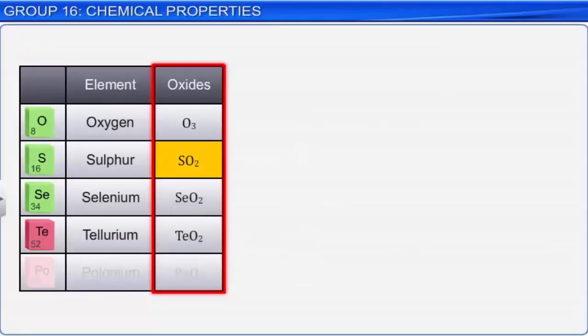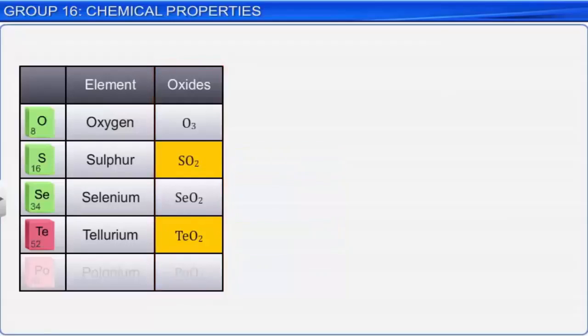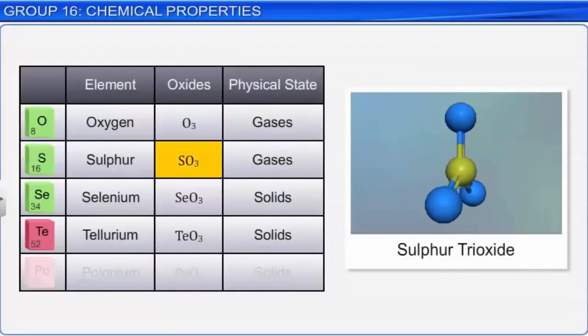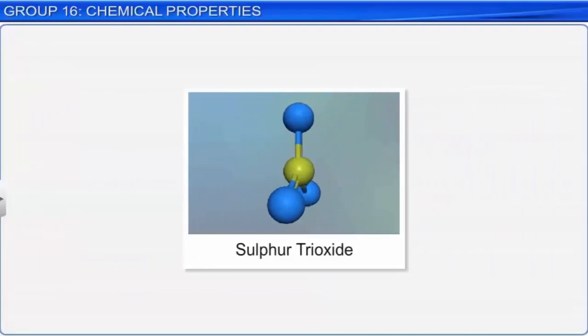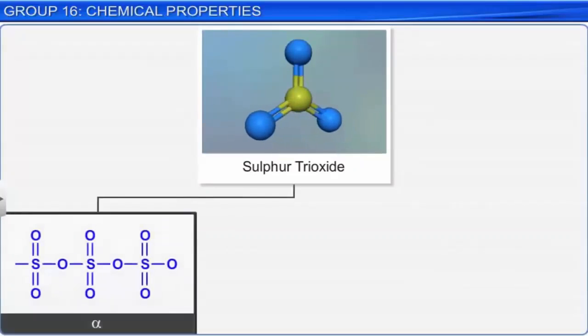Sulfur dioxide is a reducing agent, whereas tellurium dioxide is a good oxidizing agent. Sulfur trioxide is the only important trioxide in this group. At room temperature, sulfur trioxide is a solid and exists in three distinct forms: alpha, beta, and gamma.